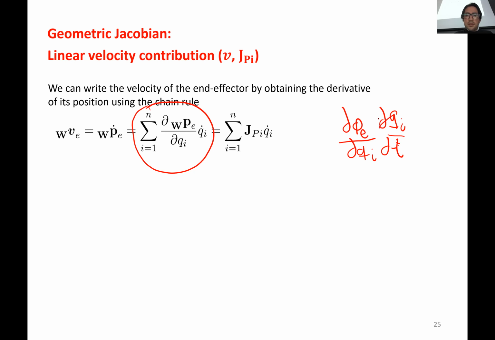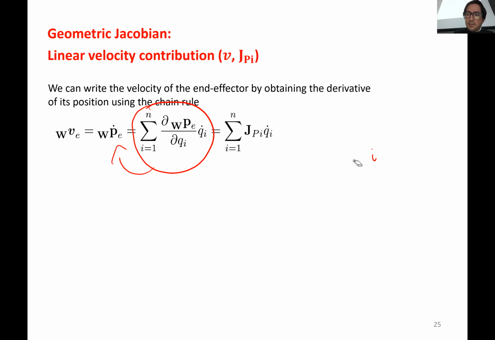So by the chain rule, doing a bit of abuse of notation, we can say that this is this, and we basically get back this. And it's a summation because we're going to do it along the kinematic chain. So we're talking about the velocity of the end effector.